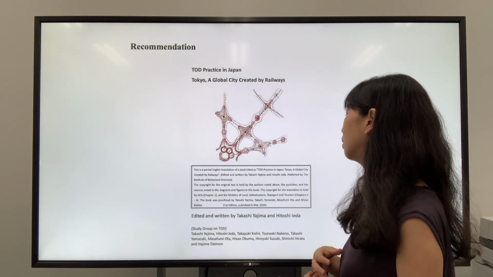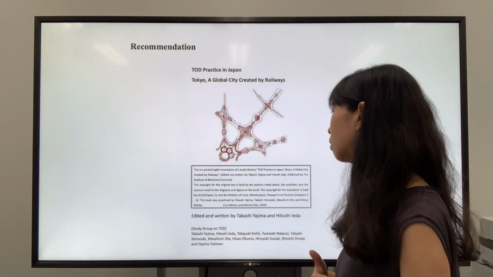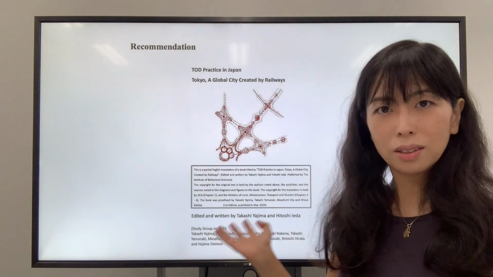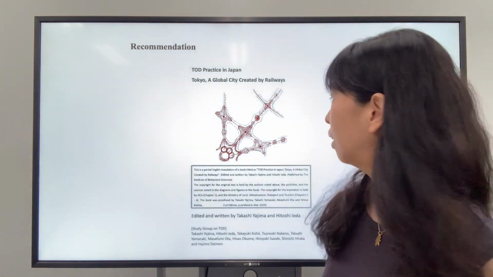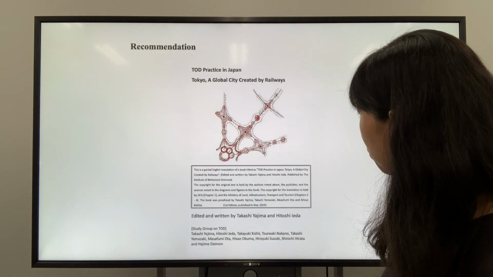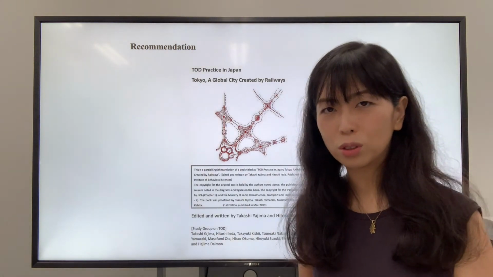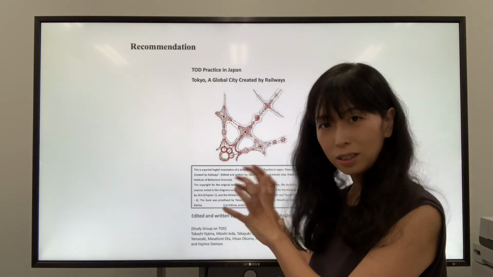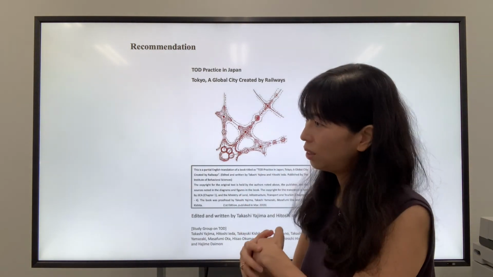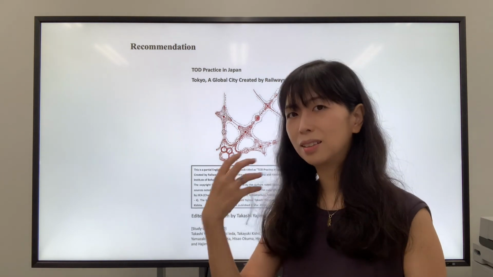Thanks to the authors, you can download the first chapter. The rest of the book is only in Japanese, unfortunately. But even if you just read the first chapter, it's very well written, and you understand a lot of things.